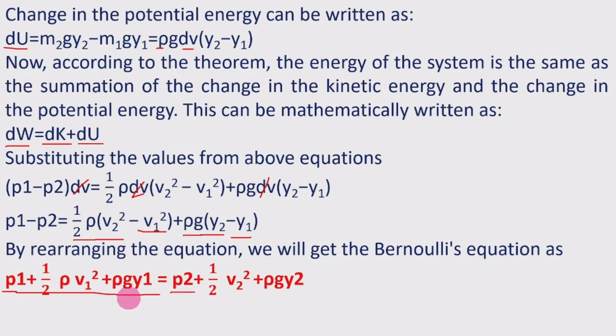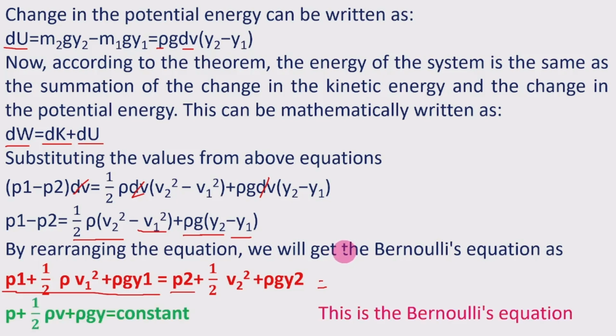From this equation, we can see the summation of pressure energy, kinetic energy and potential energy at section 1 is equal to the summation of pressure energy, kinetic energy and potential energy at section 2. Therefore, the summation of all three forms of energy, that is the total mechanical energy, is equal to a constant, which is Bernoulli's theorem or Bernoulli's equation.